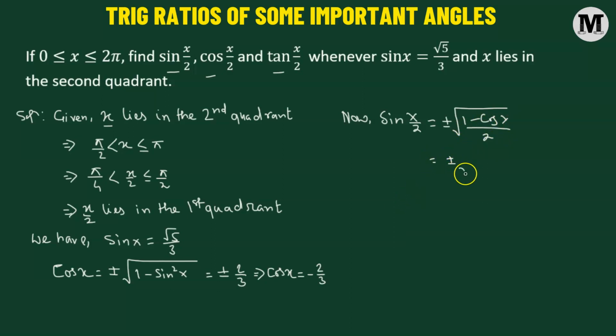We get plus or minus the square root of (1 minus of minus 2 over 3, or 1 plus 2 over 3) whole divided by 2, and this is going to give us plus or minus square root of 5 over 6. Now, as we have already mentioned, x over 2 lies in the first quadrant where all trig functions are positive. So sine of x over 2 will be equal to plus square root of 5 over 6.